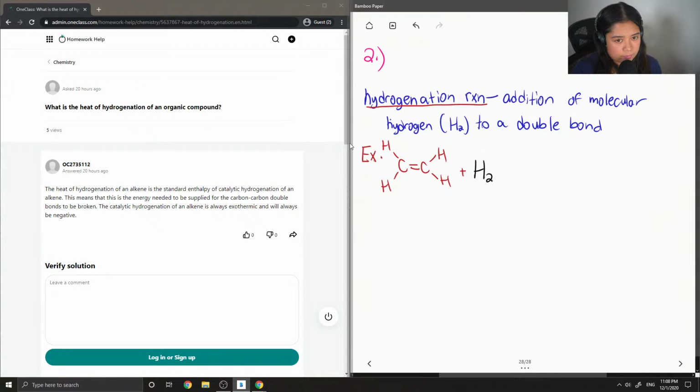The double bond is reduced, and our two hydrogens can be shown here. Okay, so this is a hydrogenation reaction.